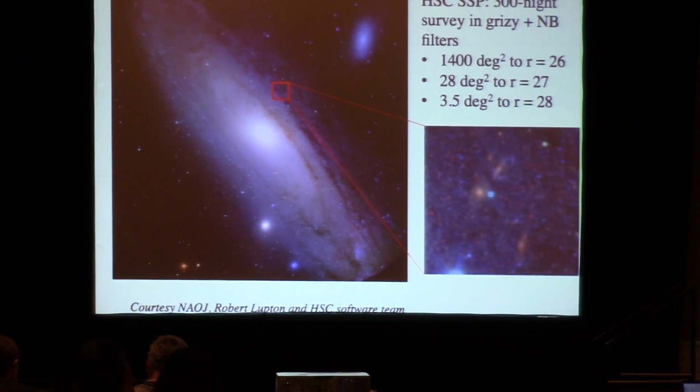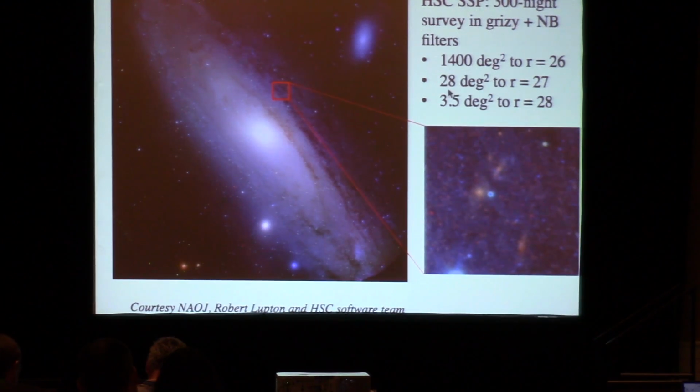Anyway, with this wonderful, powerful camera, the community decided to undertake a strategic survey program: a 300-night survey in the regular broadband filters, and because Japan does it so wonderfully, a bunch of narrowband filters as well. It's a traditional wedding cake survey design, 1,400 square degrees to a moderate depth.